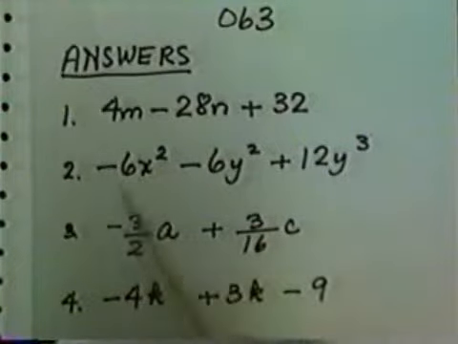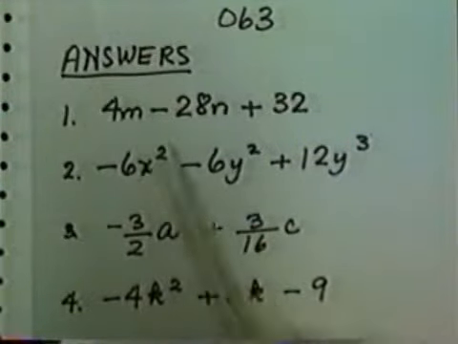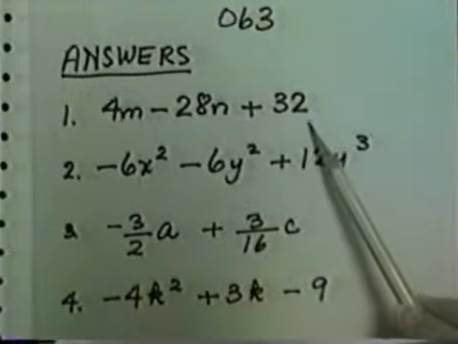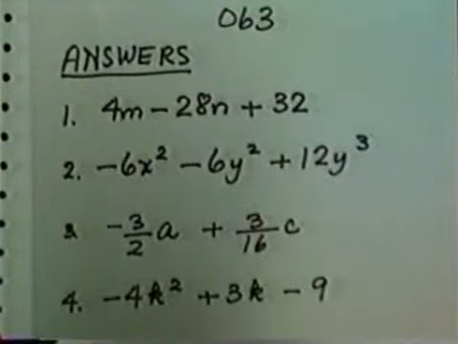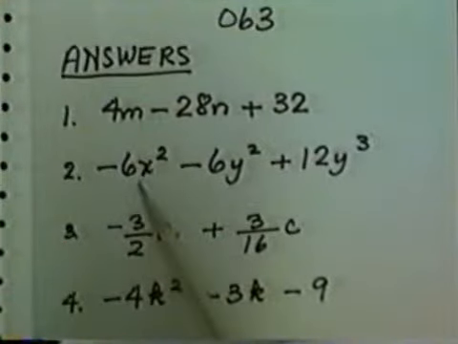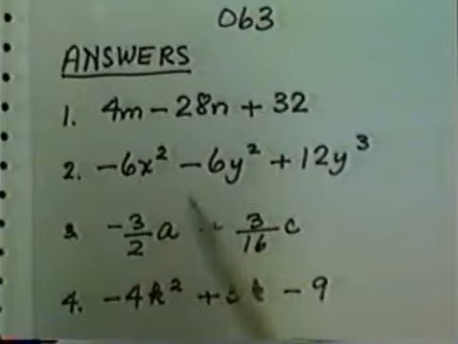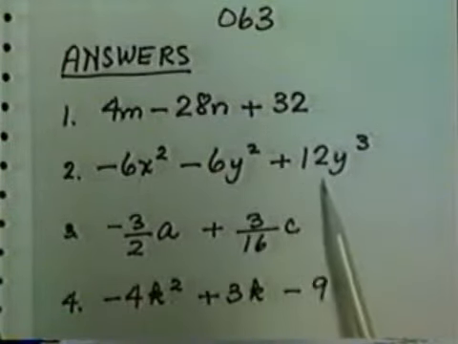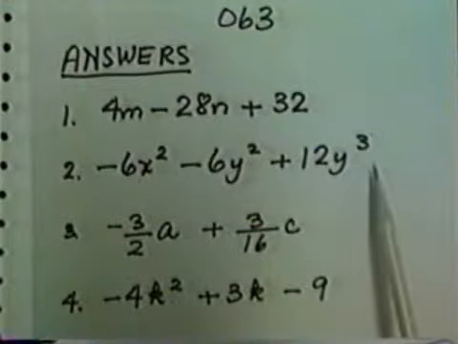Your answers should be, for number 1, 4m subtract 28n add 32. The answer for number 2, negative 6x squared subtract 6y squared add 12y cubed.